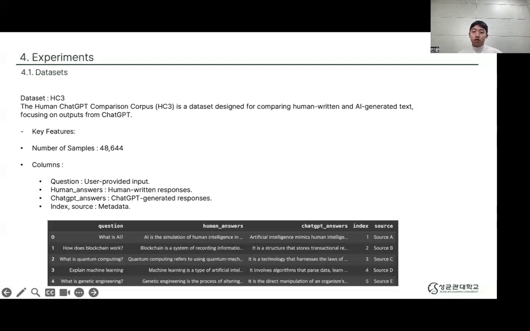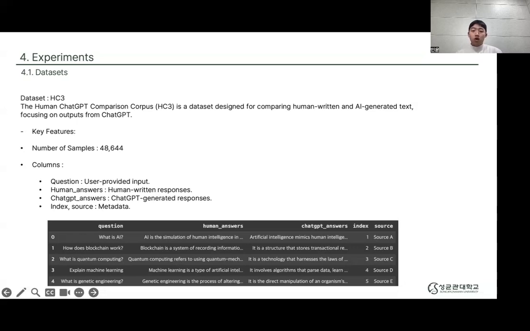Our experimental evaluation leverages the Human ChatGPT Comparison Corpus, a comprehensive dataset designed to compare human-written and AI-generated text. The dataset contains over 48,000 samples, each comprising a user-provided question, human-written answers, and ChatGPT-generated responses.